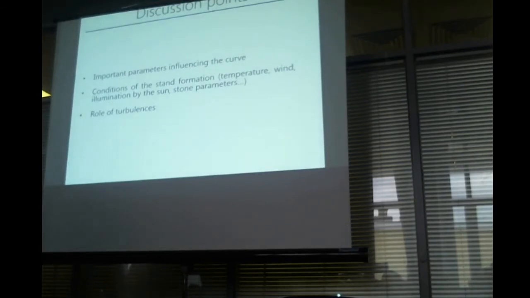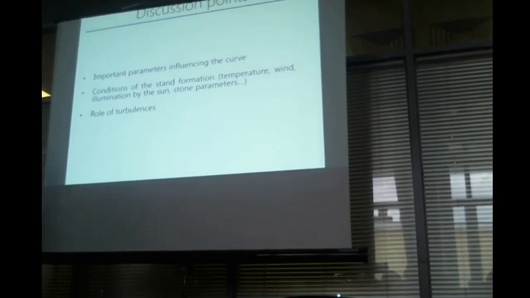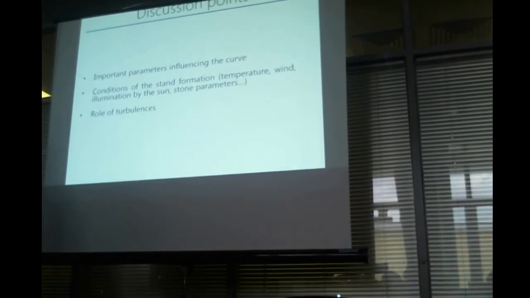I think there isn't one. Then I think we should move to the next question: do you think there is some critical value of temperature or wind speed for obtaining this phenomenon? The temperature should be below 0 degrees centigrade, and the lower it is, the better.